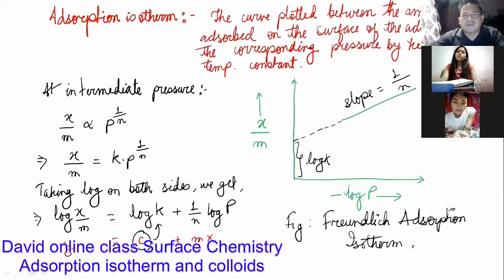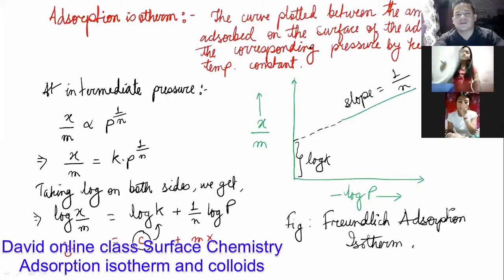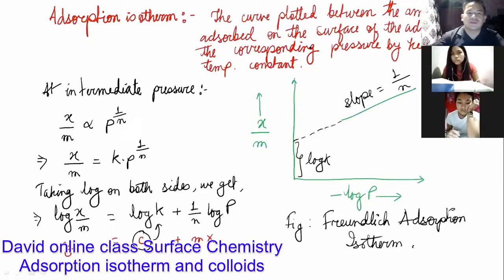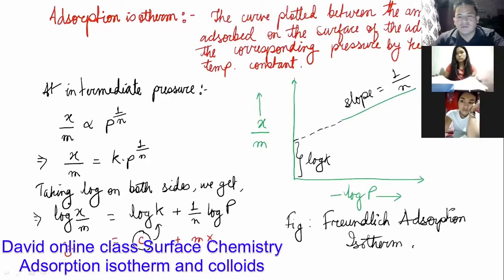What is adsorption isotherm? It is the curve plotted between amount of gas adsorbed on the surface of adsorbent and the corresponding pressure, keeping the temperature constant. At intermediate pressure, x is directly proportional to P to the power 1 by n, so x by m equals k P to the power 1 by n. Take logarithm on both sides, you're going to get a slope-intercept form.